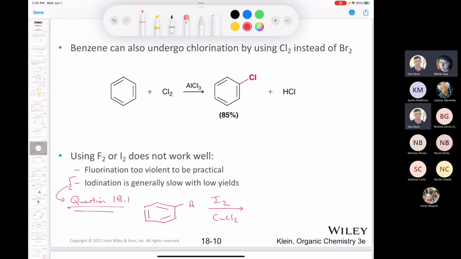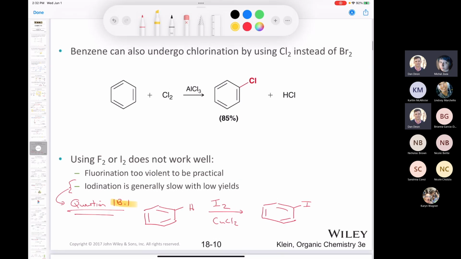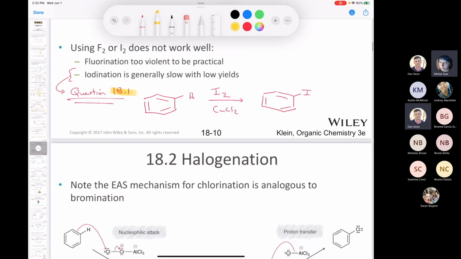So copper 2 chloride is the Lewis acid. That will give you iodobenzene. So again, it's very rare for me to tell you to look at a question and cover something like that, but I want you to take a look at this question specifically before you step into the quiz. So there is a way to add iodine. It can be done, and it is covered in the very first question in the textbook.